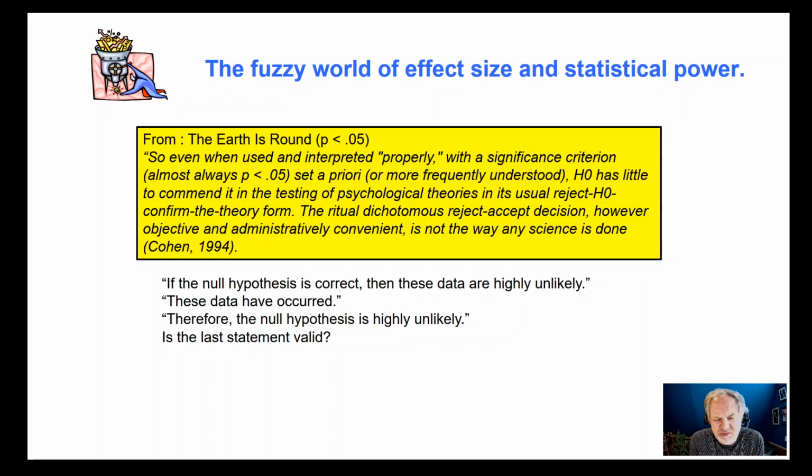You know, how big an effect was I looking for? And based on that, knowing an estimate of the standard deviation, what sample size do I need to give myself a chance? And he gives, in terms of the logic, if the null hypothesis is correct, then these data are highly unlikely. These data have occurred, therefore the null hypothesis is highly unlikely. And that's not true.